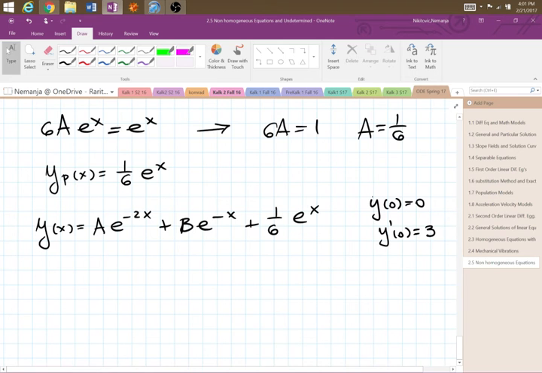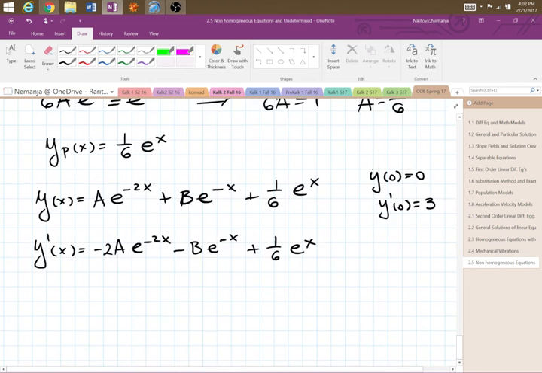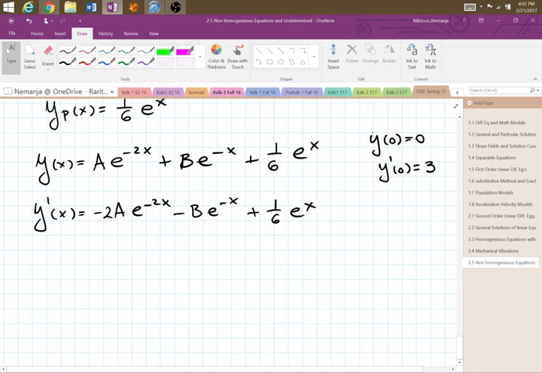Well, I need the derivative first, so y prime of x is going to be -2a e to the -2x minus b e to the -x, plus 1 over 6 e to the x, which remains the same. So plug this one here, plug this one there. Each one of e to the zeros is going to be 1.